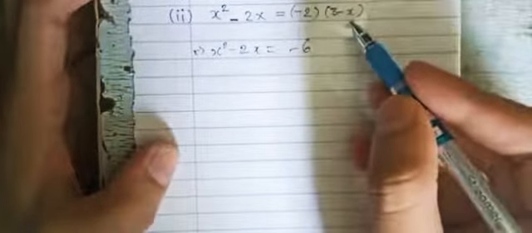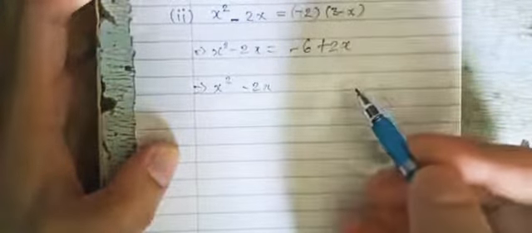Now moving towards the second question: x square minus 2x is equal to minus 2 multiplied by 3 minus x. Here also we will simplify. Since the left hand side is already simplified, we will solve the right hand side. So x square minus 2x is equal to minus 2 multiplied by 3, which is minus 6, and minus 2 multiplied by minus x will become plus 2x.